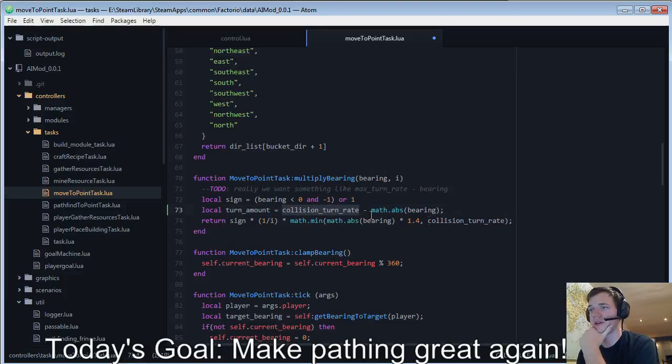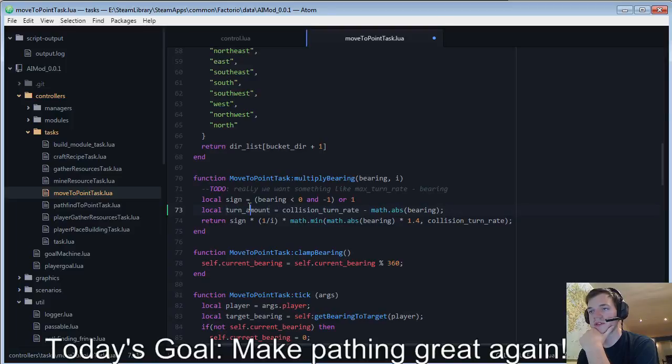Currently we're only turning the bearing amount. But if the collision vector is right on the obstacle, then I want to turn a lot, whereas if the collision vector is far away from the obstacle, I don't want to turn very much.